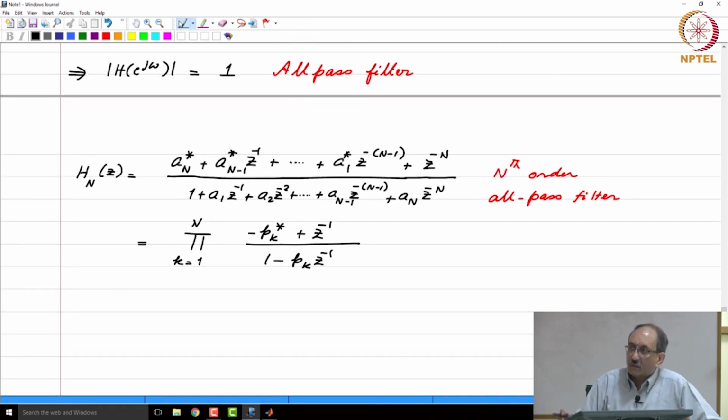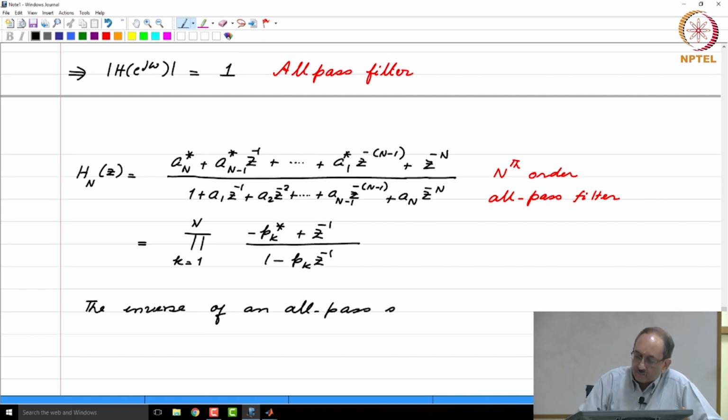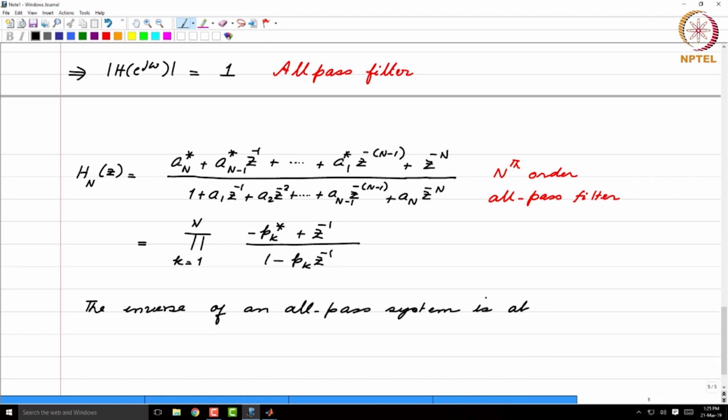Notice that the inverse of an all pass system is also all pass, because the magnitude response is unity. The inverse system also will have unit magnitude.